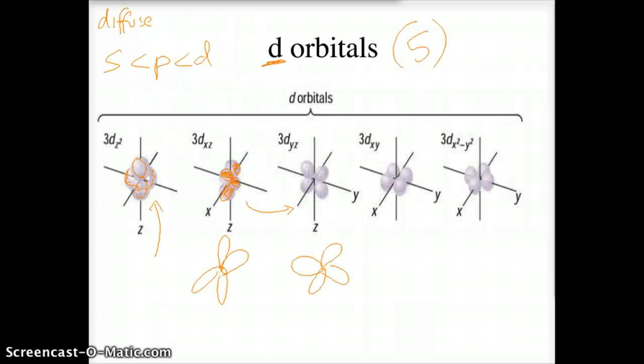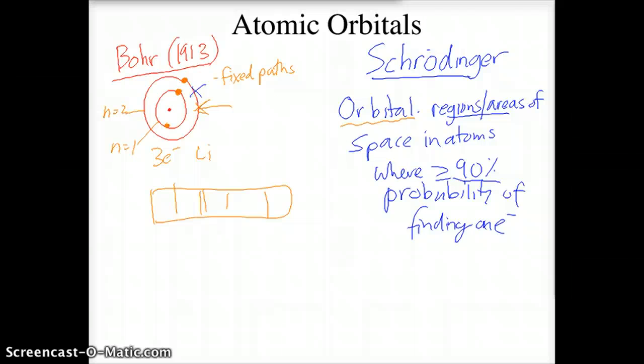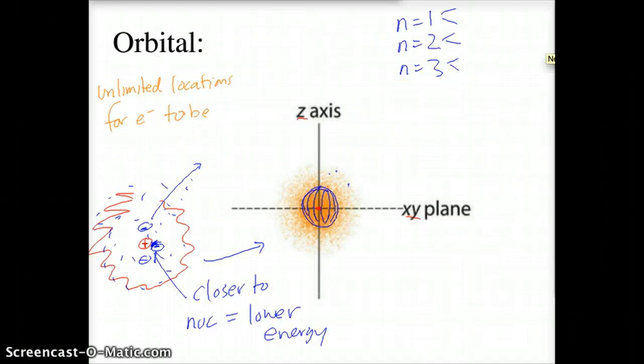But we're going to break down what you need to walk away with today. The understanding that Schrödinger determined that orbitals were regions in space where there's a 90% probability of finding an electron. And he proved that mathematically. The reason why electrons would want to be closer to the nucleus is because there's this electrostatic attraction between opposite charges.